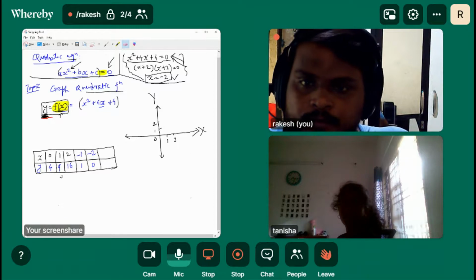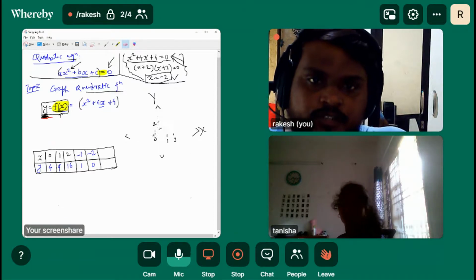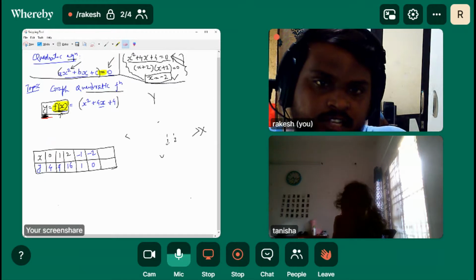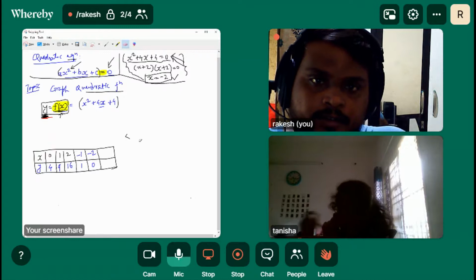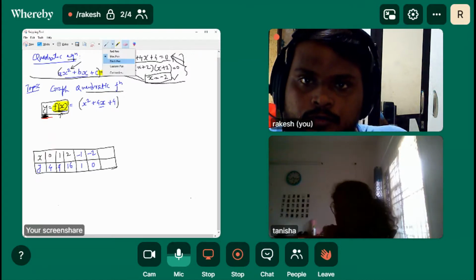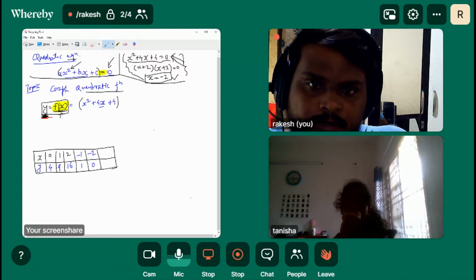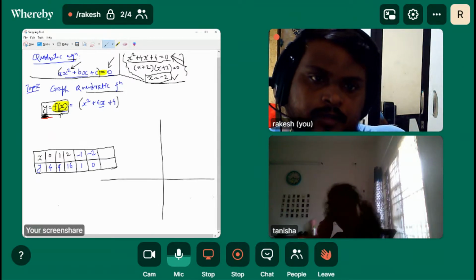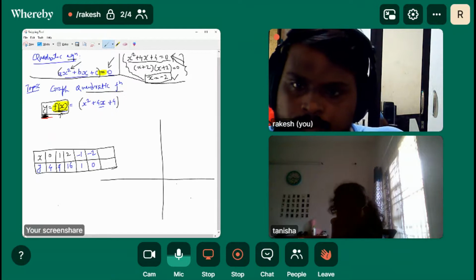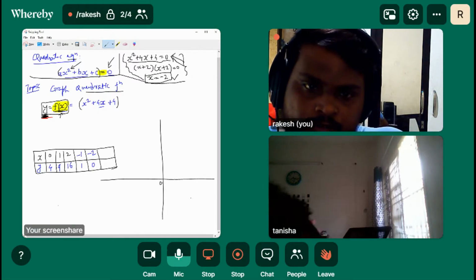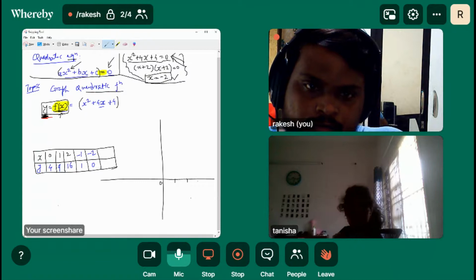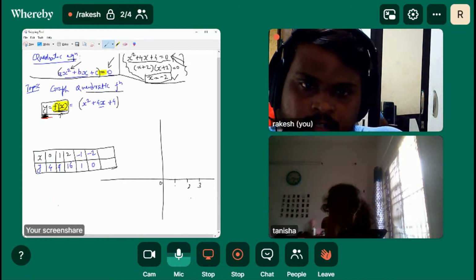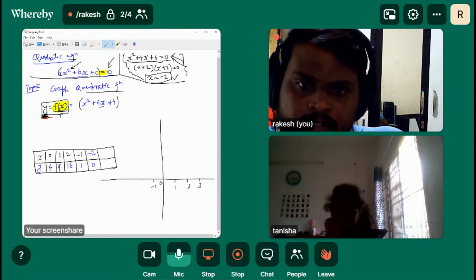So the maximum value is 16, right? Let me check the scale again. It should have 16 in y. Okay, so this is 0, this is 1, 2, 3, this is -1, -2, -3.